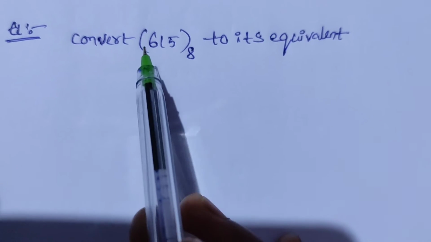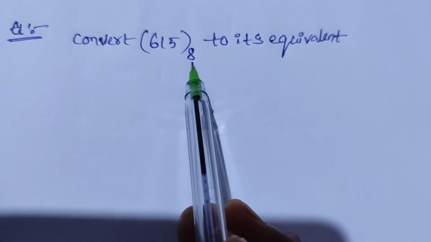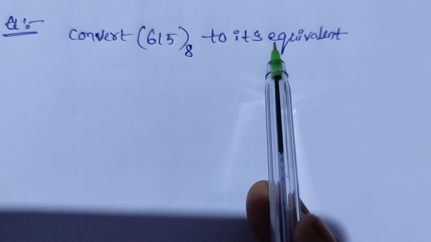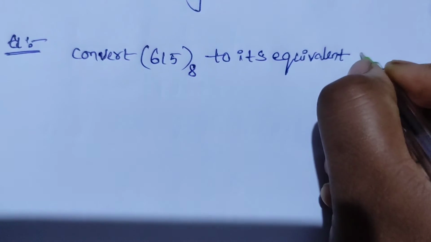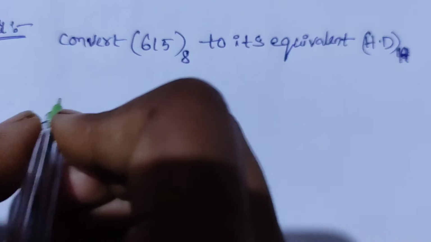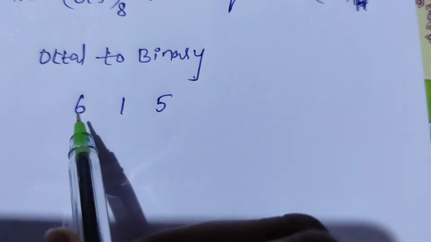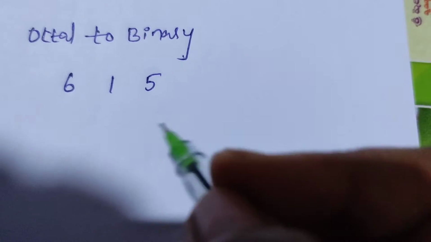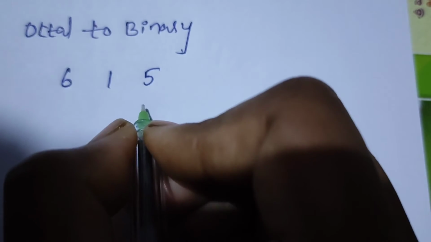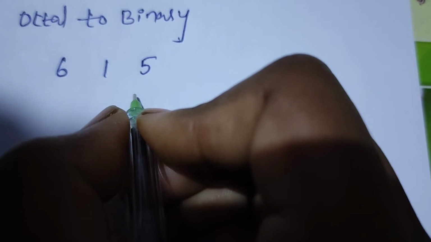The example is: convert 615, an octal value, to its equivalent hexadecimal. First convert octal to binary. So write it separately, 615, start from the LSB.